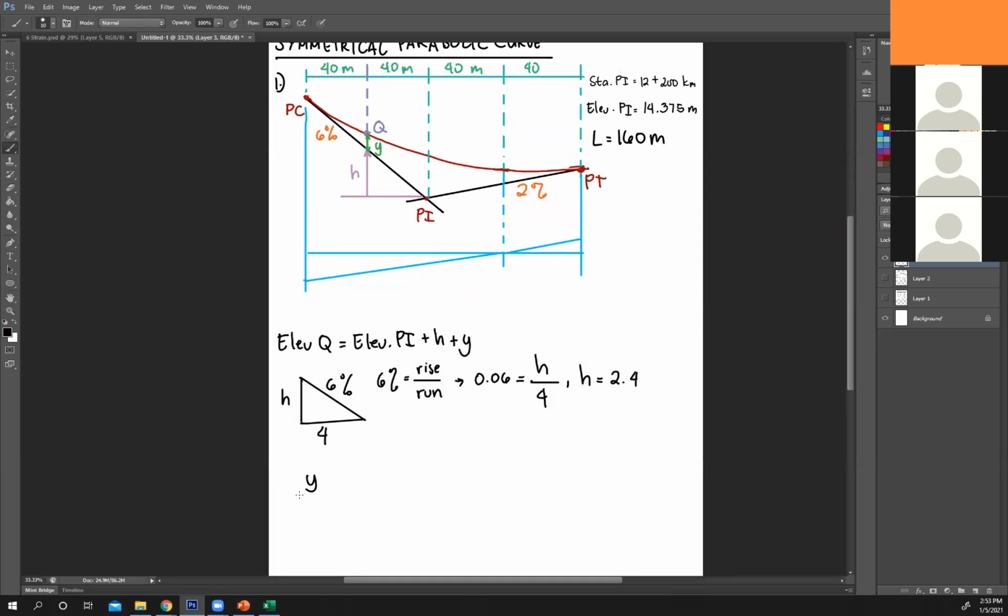Okay, so Y over that horizontal distance squared equals another one of that. So again, from tangent to curve over PC to curve. So one thing to do to make things easier, okay, I can use this. Since this is still technically from tangent to curve. Okay? So using this, remember, this value is actually H.